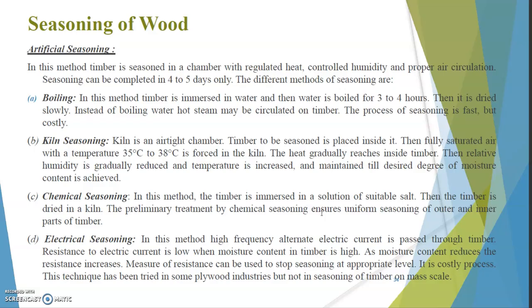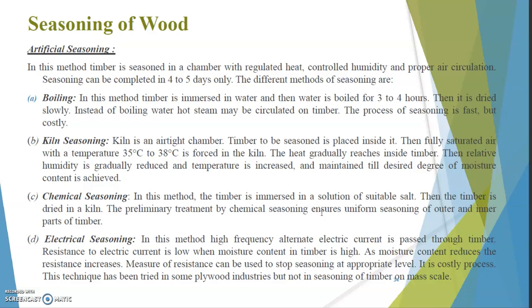So chemical seasoning is nothing but using an appropriate salt solution, and you have to immerse it in that, and you have to let it stay there for certain minutes, then you take it out and go for the other type of seasoning, kiln seasoning or air seasoning. Then finally, electrical seasoning. In this method, high frequency alternating current is passed through the timber.